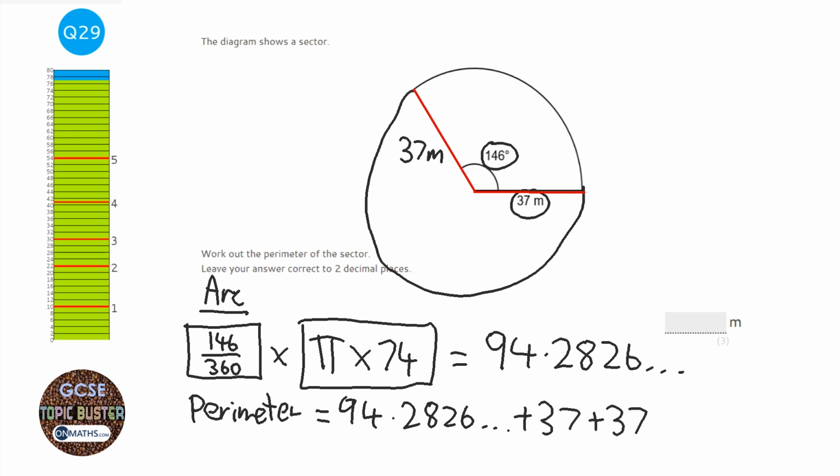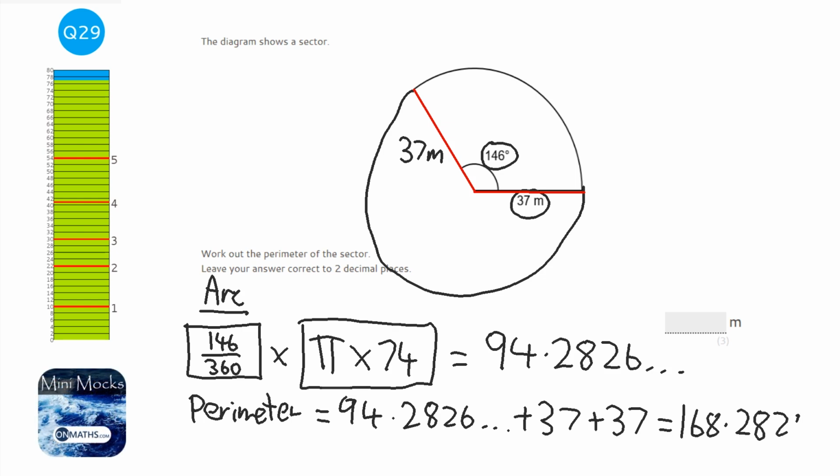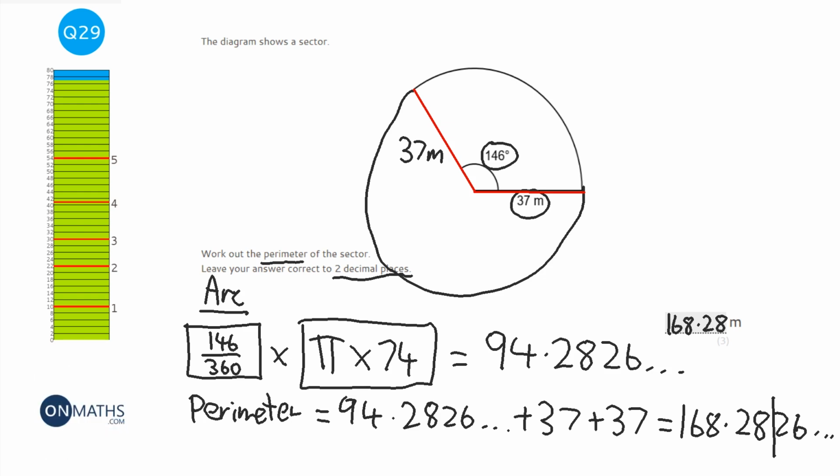So add 37, add 37, and that gives me 168.2826 and so on. Round it to 2 decimal places, so the line goes down here, and we've got 168.28. Now just be careful that you add on the extra bit. When it asks you for a perimeter, just make sure you've gone the total distance around the shape. Put a dot and just draw with your finger around the shape to make sure you've got all the distances.